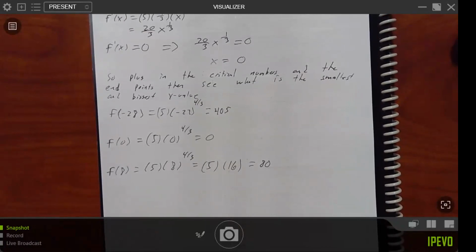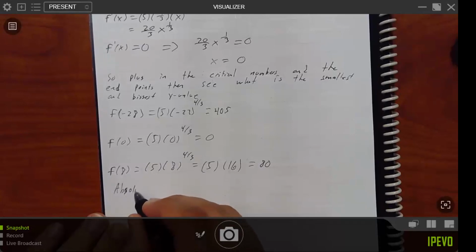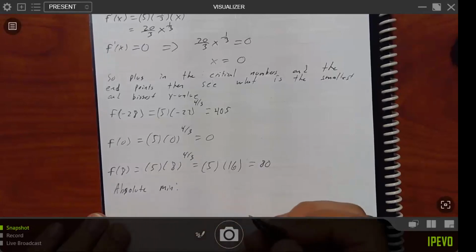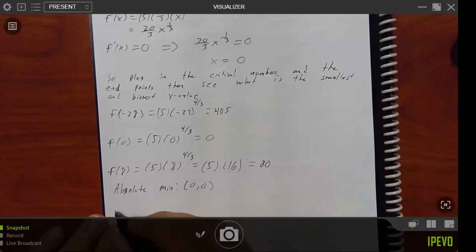Okay, so the absolute minimum is going to be 0, 0.